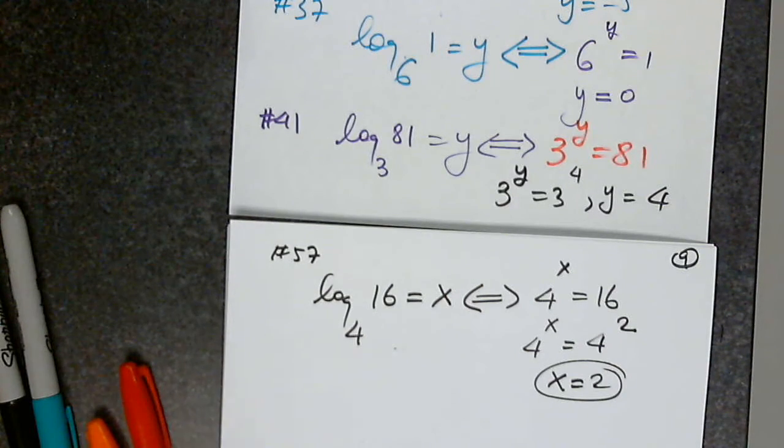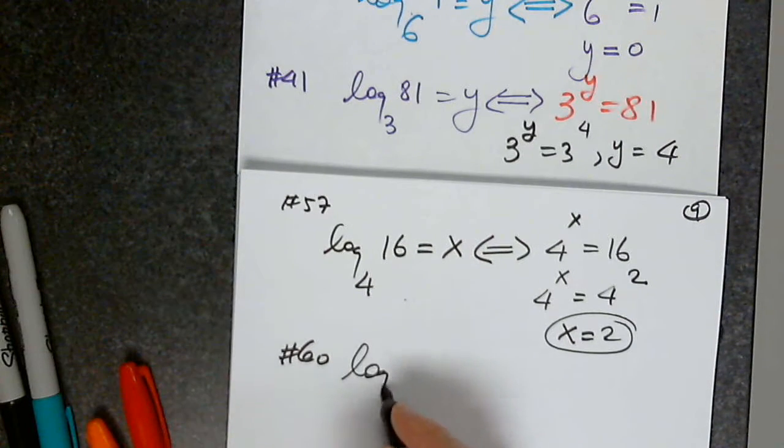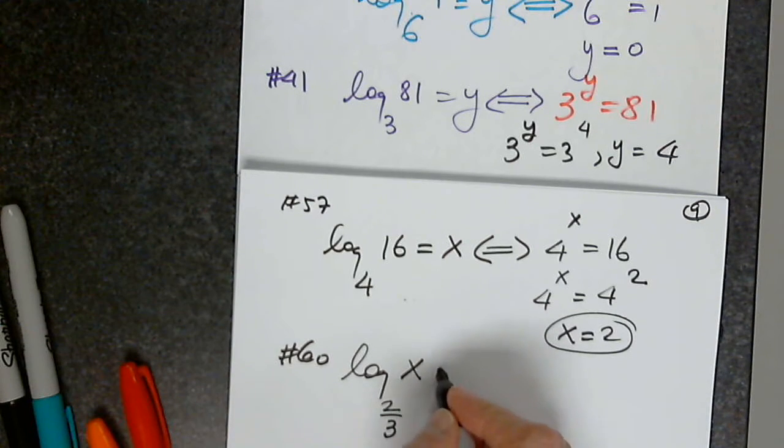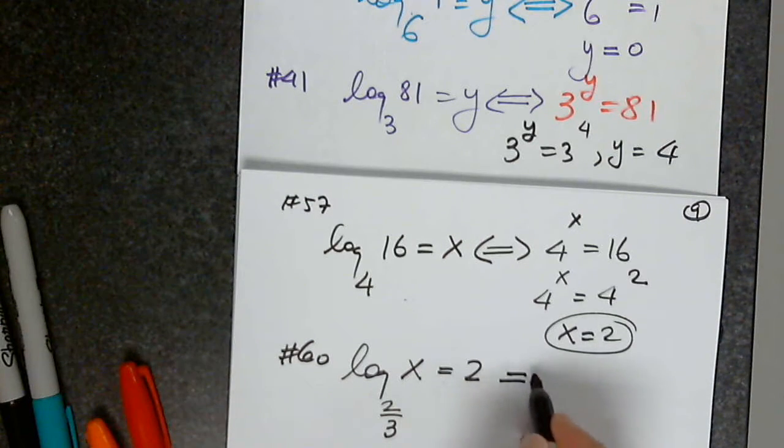Okay, let's look at one more, like 60. Log, this time the base is 2/3, of x equals 2.